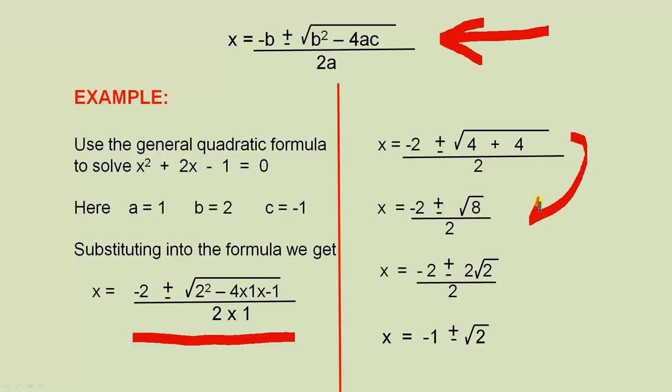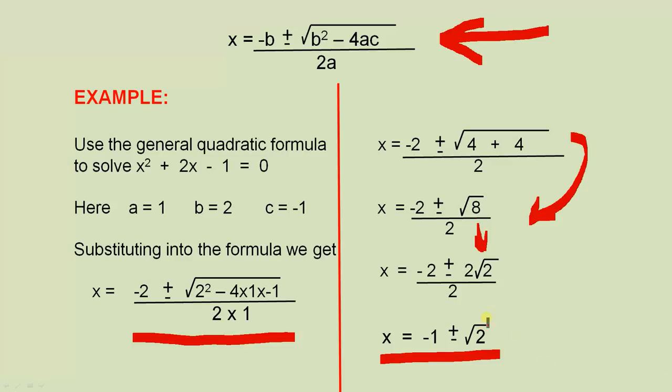So from this line to this line, we have minus 2 plus or minus the square root of 8. If we remember from an earlier video, the square root of 8 is 2 root 2. So that's minus 2 plus or minus 2 root 2, over 2. If we divide top and bottom by 2, that is the answer to the quadratic equation.